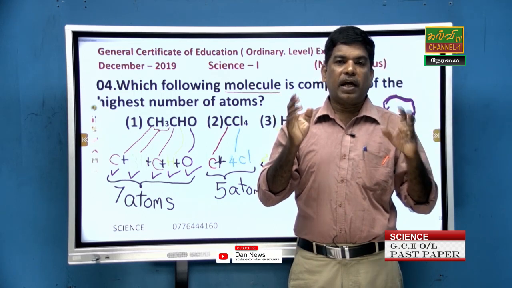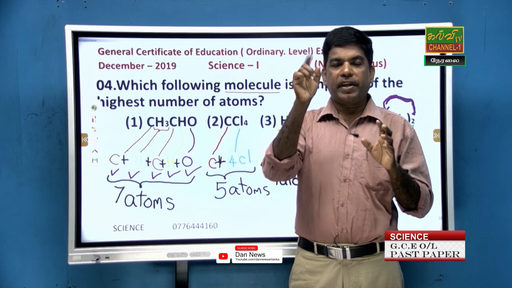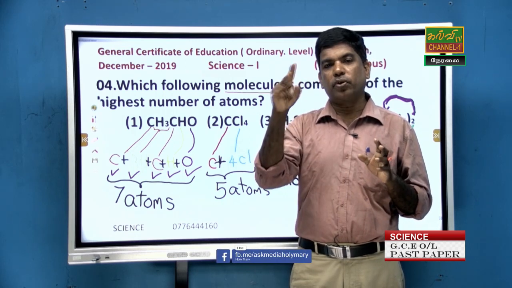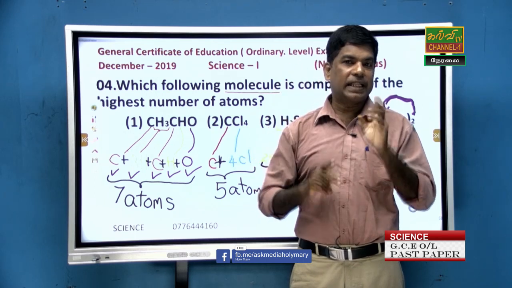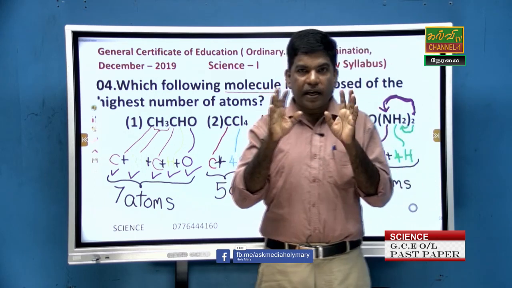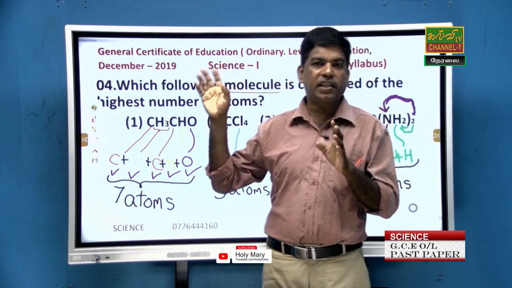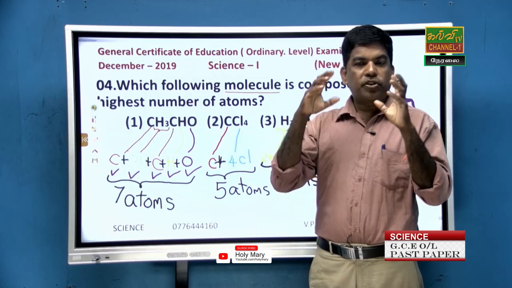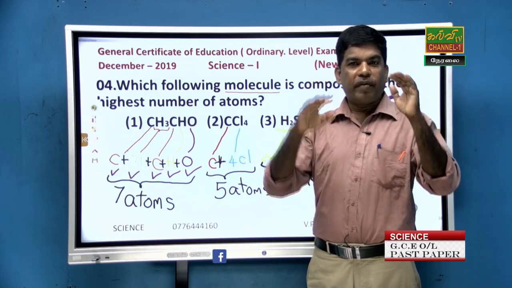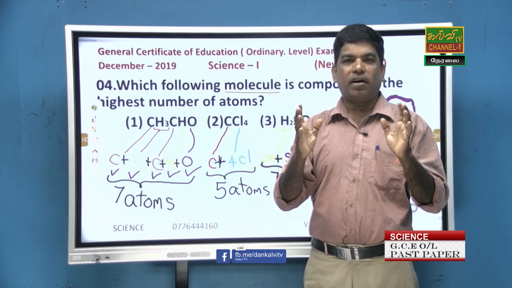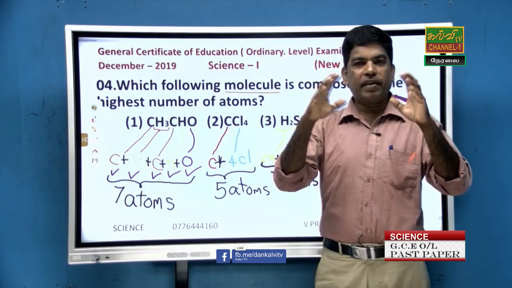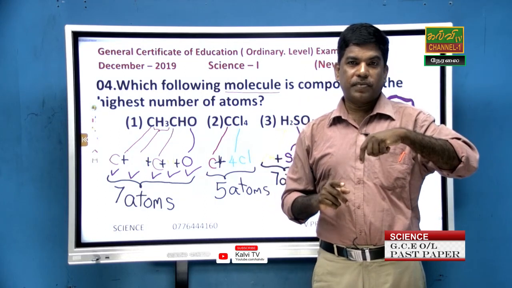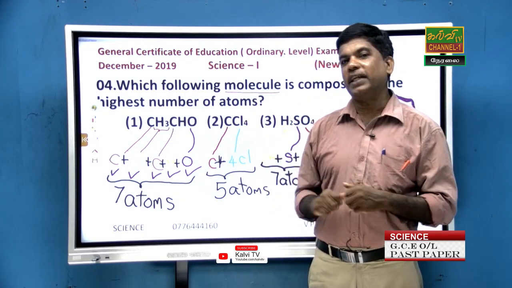Otherwise, directly, for example CO2 means 1 C and 2 oxygen, so 3 in total. You can count the first, second and third answers directly. But here, students, they are expecting that when molecules are given with brackets, you should multiply. That is the skill to find this answer.